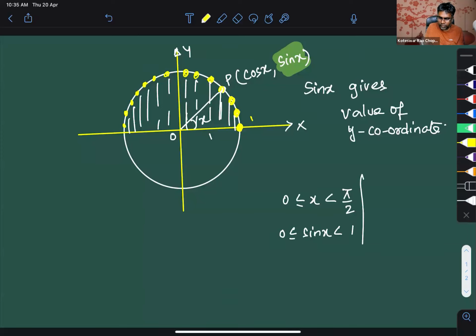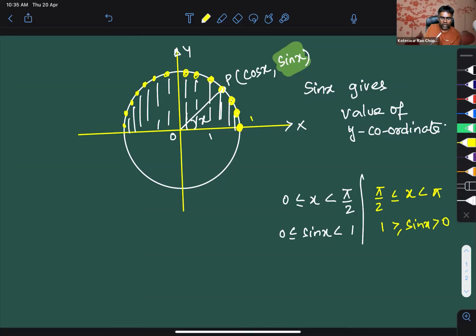And when x is between pi by 2 and pi, your values are going from 1 to 0. Okay. So I can write it this way now. I will have to write greater than. So sin x is greater than 0.